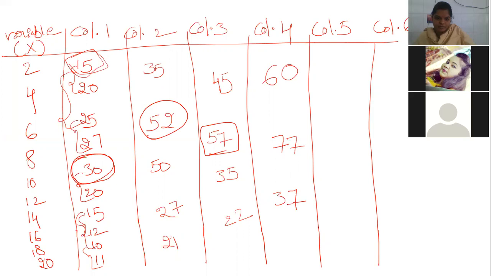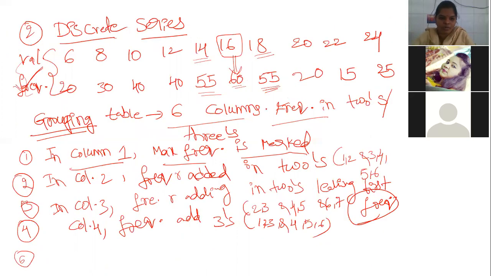Yes, ma'am. Then which one is the highest number? 77. Then go for column number 5.